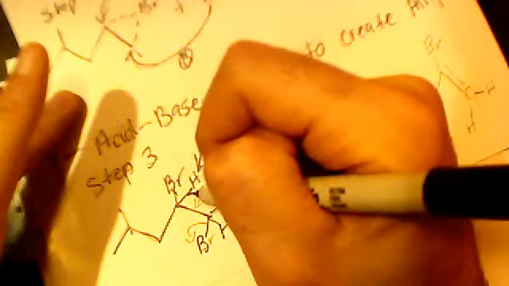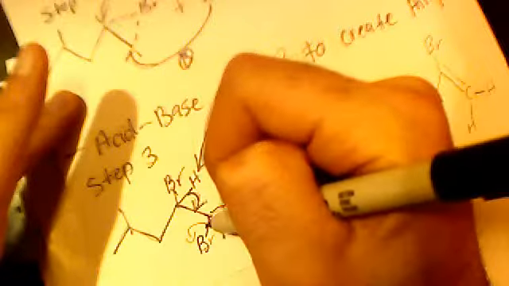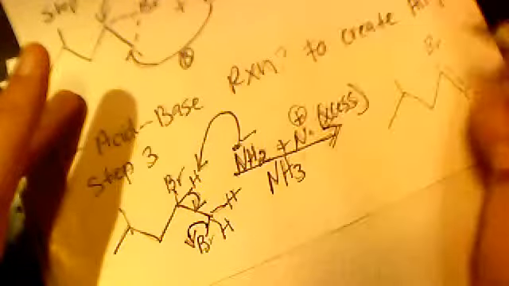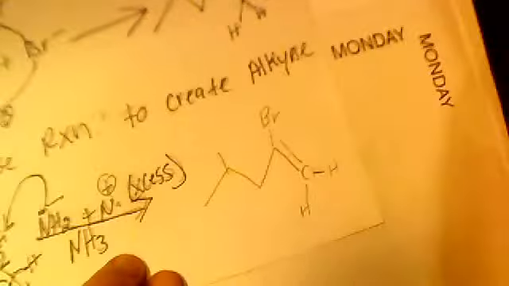This bond gives both of its electrons here, creating a double bond, and then this bond breaks, giving both of its electrons to this bromine, and this bromine breaks off, and we are left with the following.